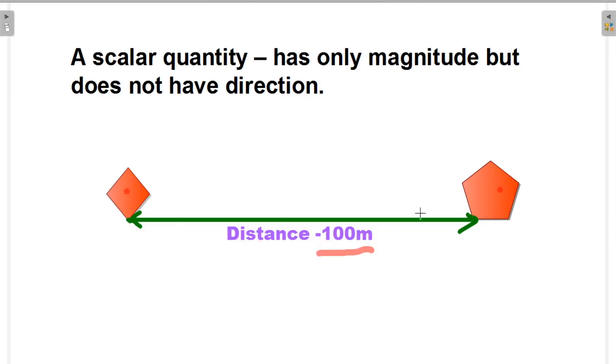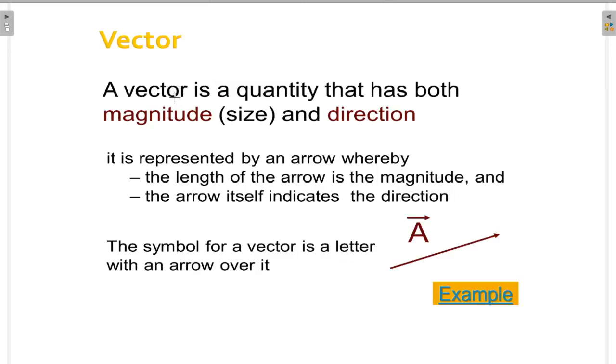We see two objects here, and the distance between the two objects is 100 meters. It's only magnitude. For this reason, distance is a scalar quantity. A vector is a quantity that has both magnitude and direction.